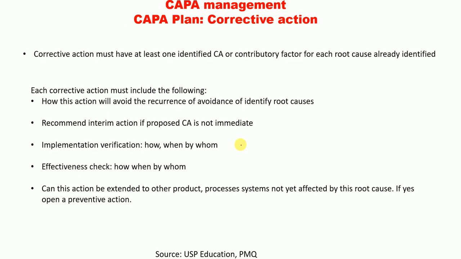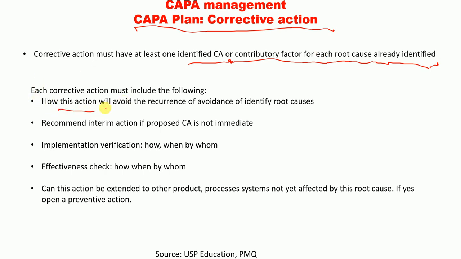So CAPA management, the CAPA plan or corrective action. Corrective actions must have at least one identified corrective action or contributory factor for each root cause already identified. Each corrective action must include the following: how this action will avoid the recurrence of the identified root cause. We have to recommend interim actions if the proposed corrective action is not immediate.